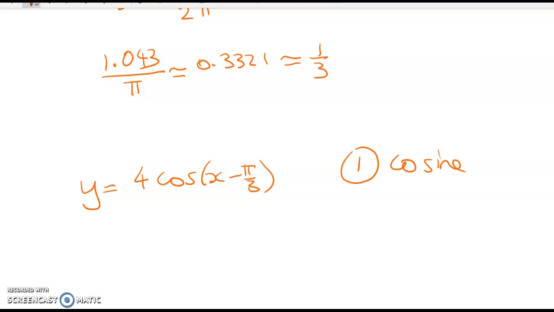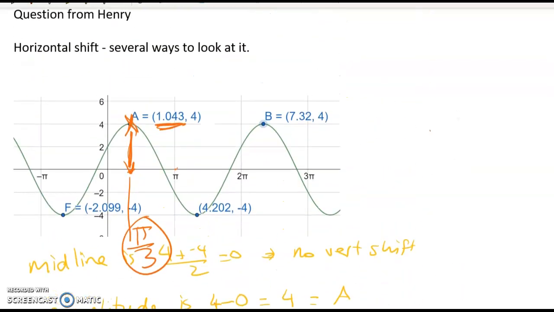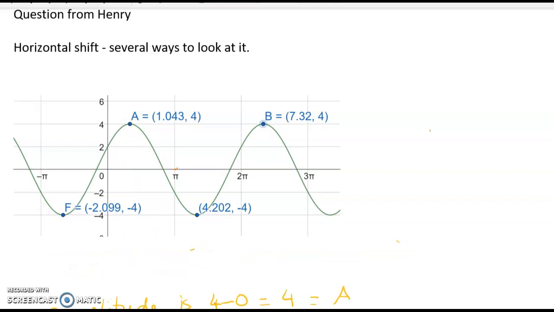Let's do very quickly cosine model 2. I don't know why you do this, but I'm just trying to make the point that you have got lots of choices about how you link up your equation and your graphical features. So suppose for some weirdo reason that I wanted to make that the starting point of my cosine curve, then my equation would be the same thing.